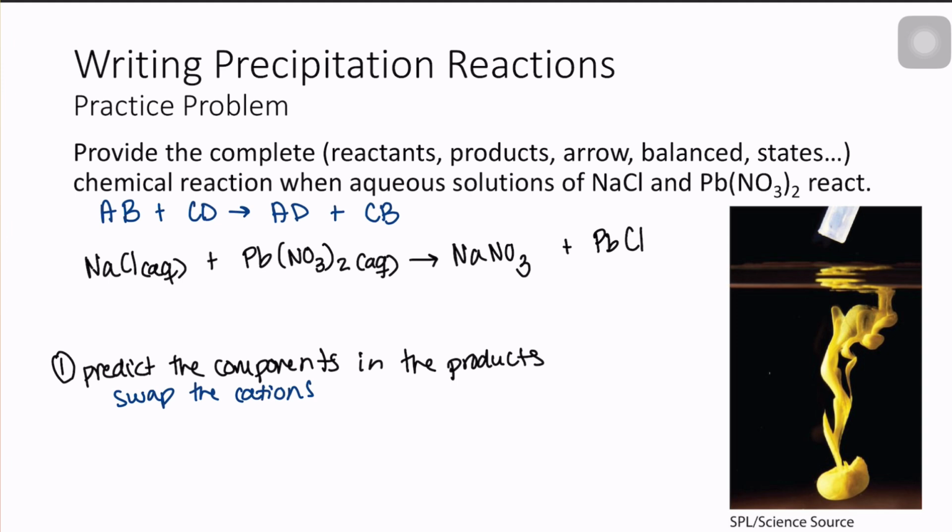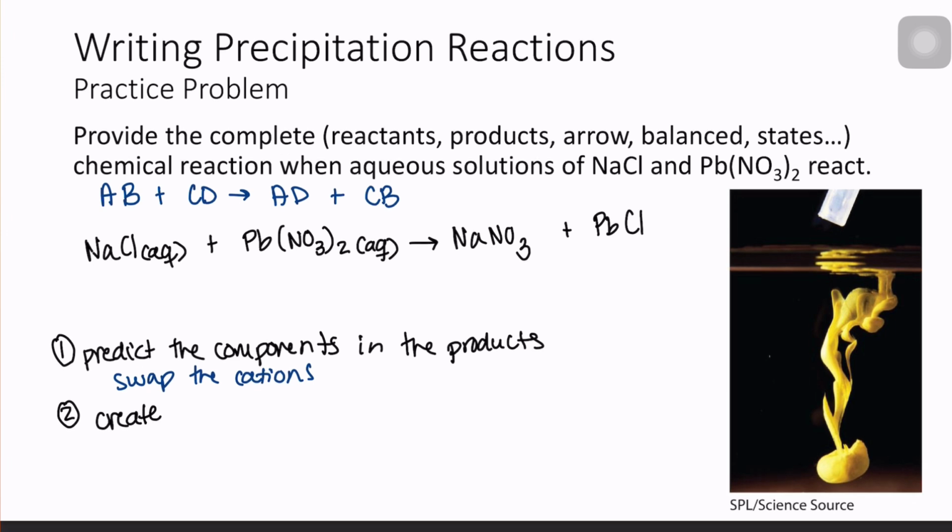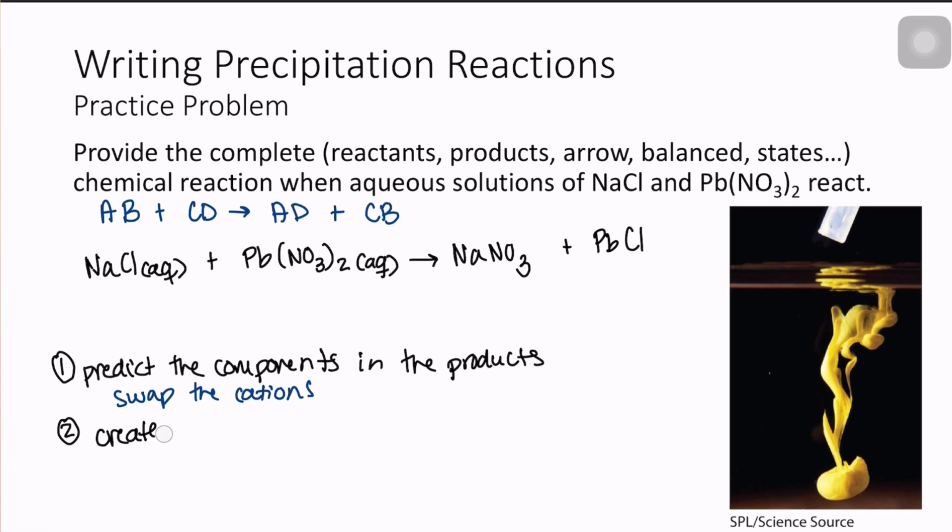The second thing you want to do is, let's say, make sure our products are charge neutral.